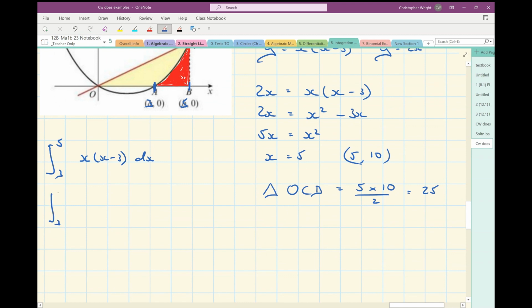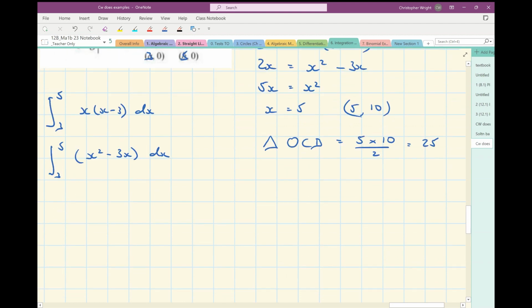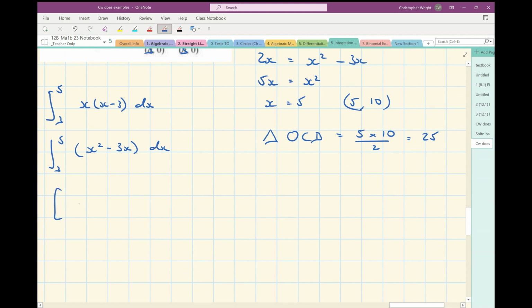To do that, I'm going to multiply out this bracket. It's going to give me x squared minus 3x. So that's what I'm integrating. That's going to be a third x cubed minus 3 over 2 x squared. Don't need to worry about the constant term. And I'm evaluating that between 3 and 5. So let's put 5 in first.